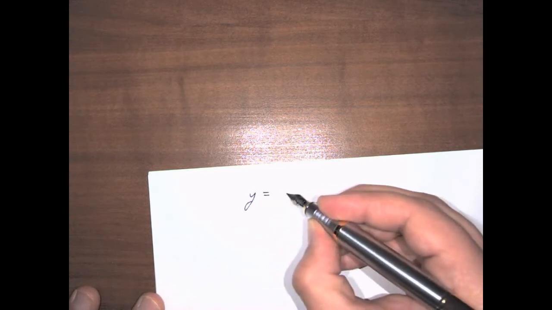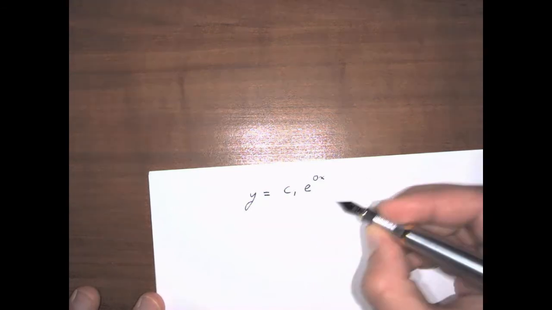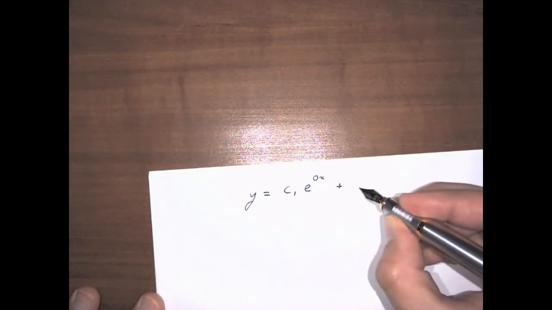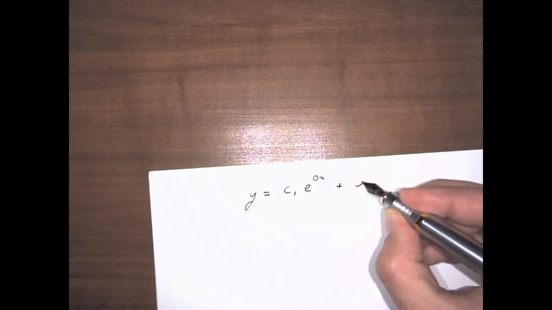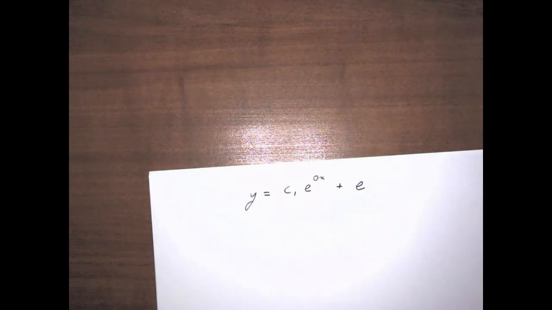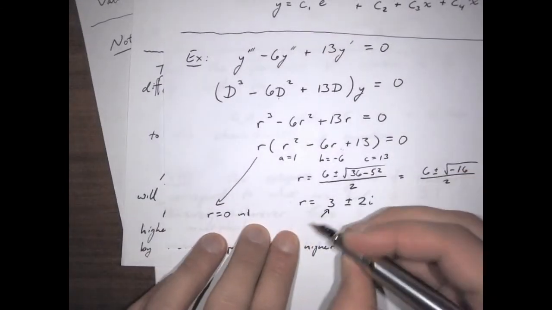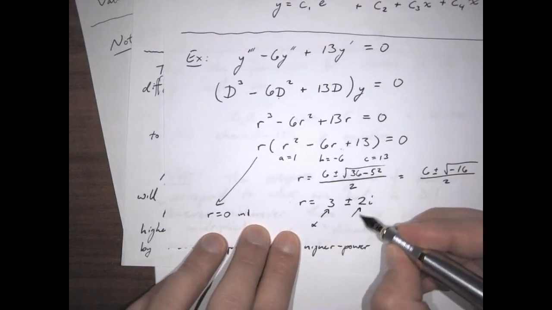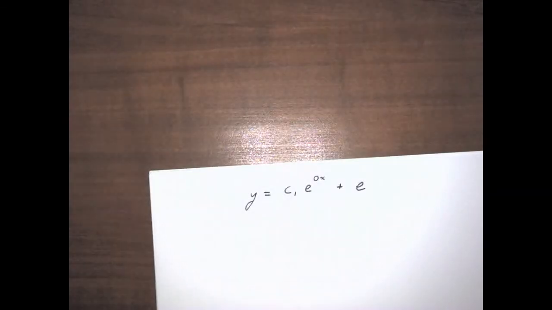y equals, and it's just going to be, say, c1 e to the 0x plus, and then again by the same logic as previously, we're going to have e to the alpha x. So actually, let's go back, denote the 3 here as the alpha, this as the beta, and then it falls into the same framework as what we said before.